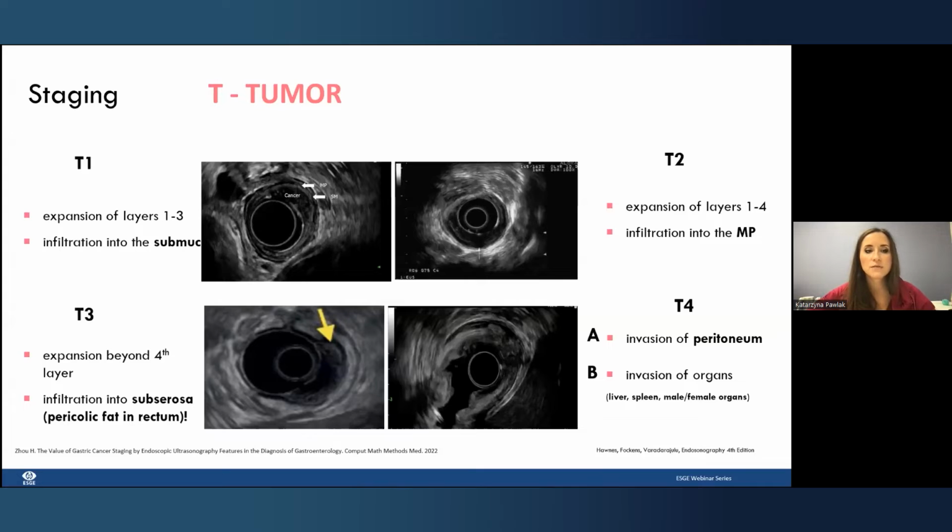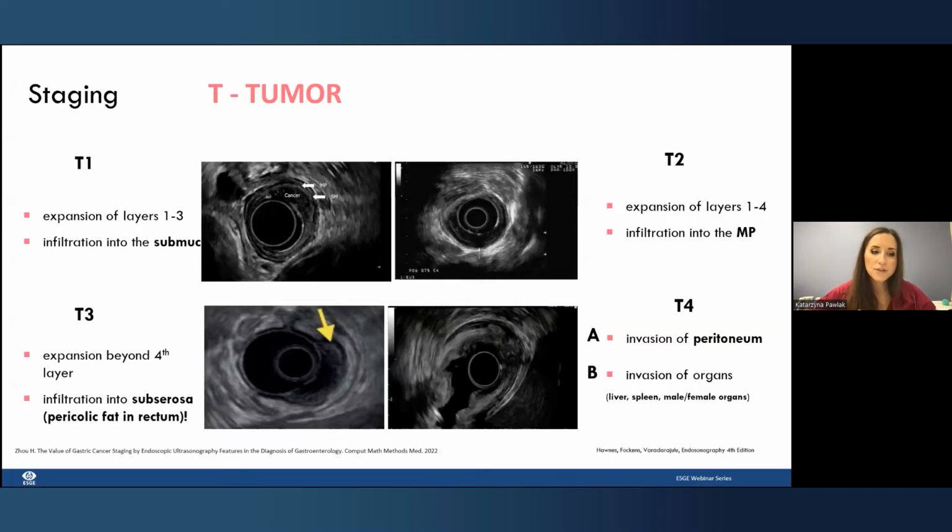You can see that we call it a T1 feature when we have infiltration into the submucosal layer, but the lesion does not go beyond the submucosal layer, so beyond the 3rd layer. For the T2 feature, our lesion will be growing into the muscularis propria, the 2nd black layer, but still not crossing beyond the 4th layer, the muscularis propria.